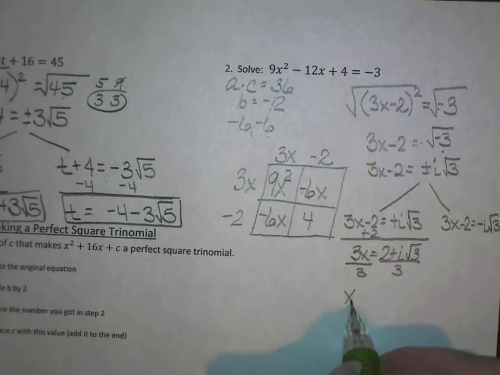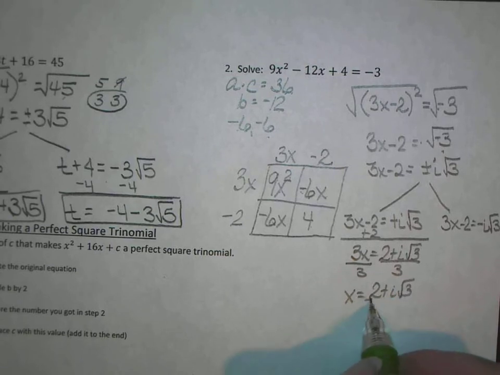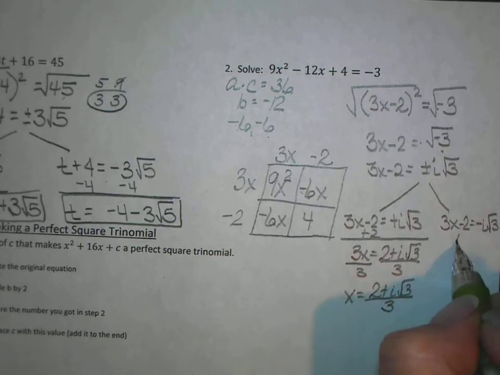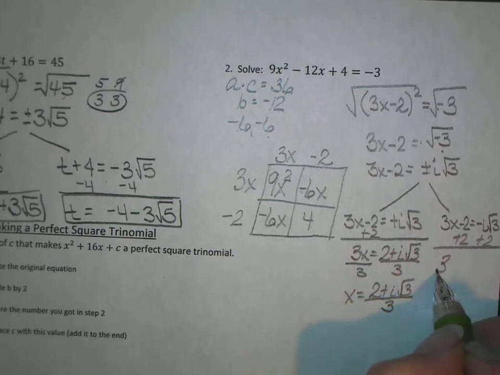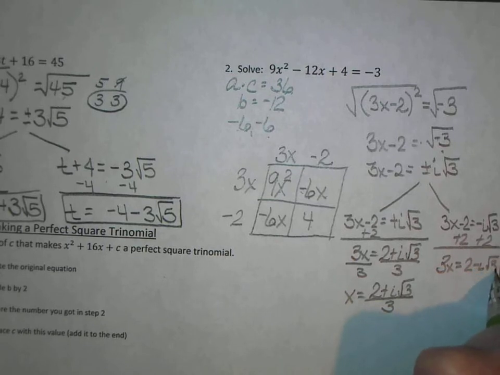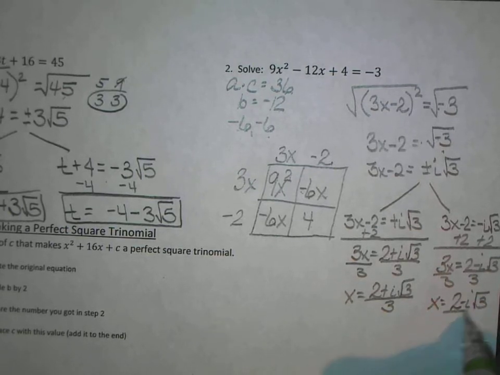So you're going to get x equals 2 plus i square roots of 3 all over 3. Add 2 and add 2. 3x equals 2 minus i root 3. Divide everything by 3. And x is going to equal 2 minus i square roots of 3 all over 3.